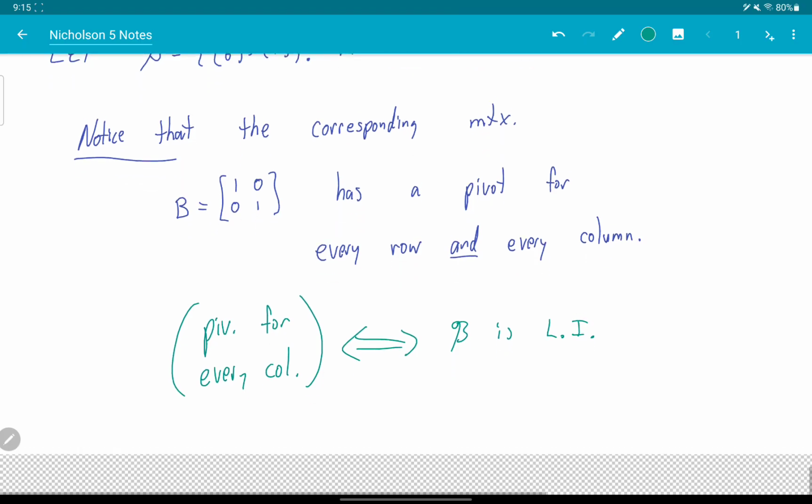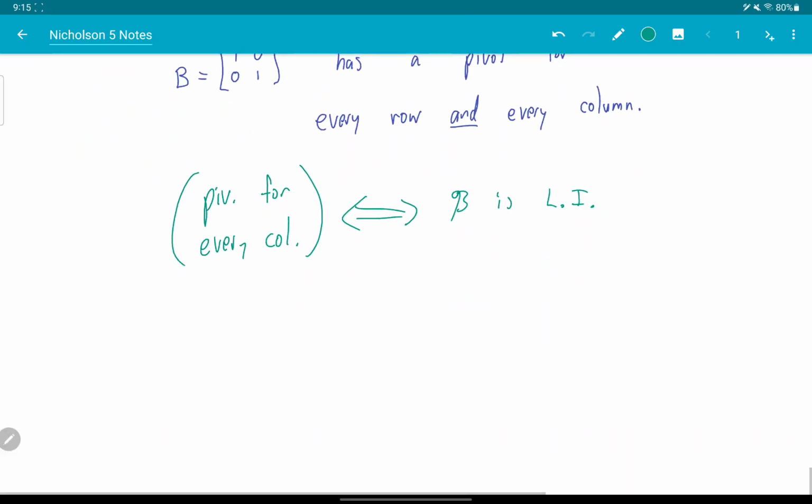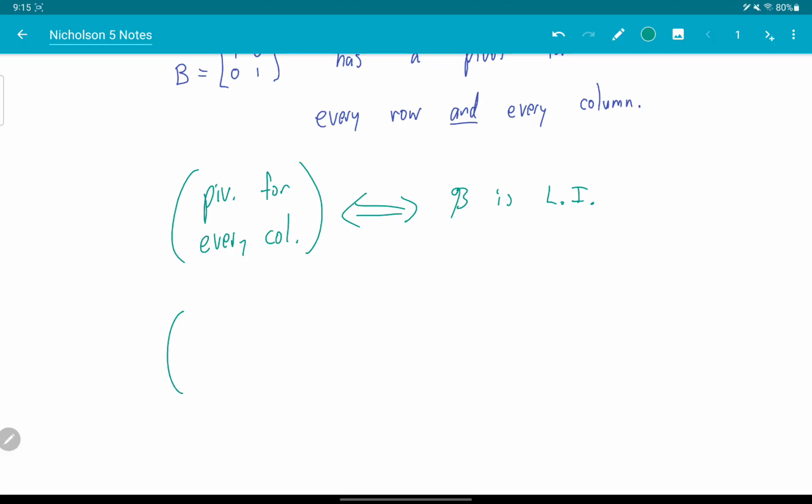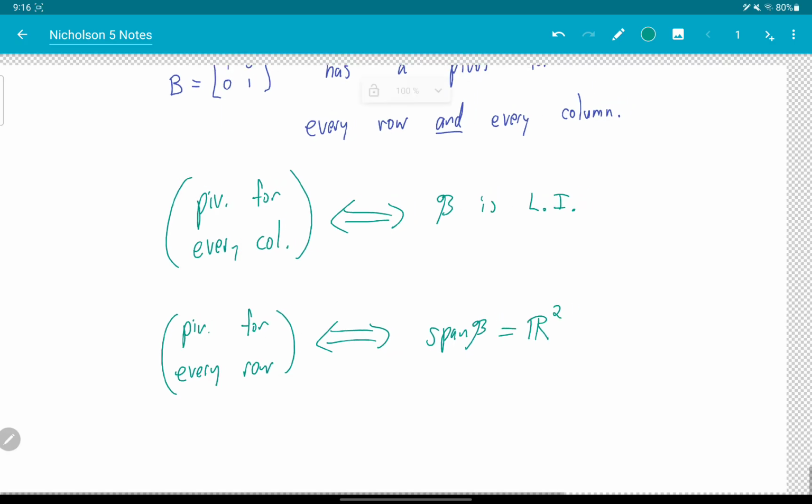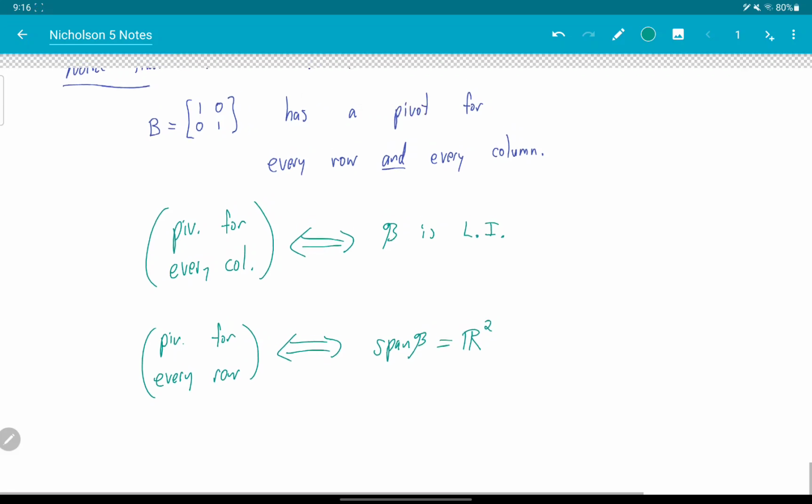And the pivot for every row is also significant. It's the other part of the definition of a basis. That is if and only if span B is equal to R, well, 2 in this case. Why is that?